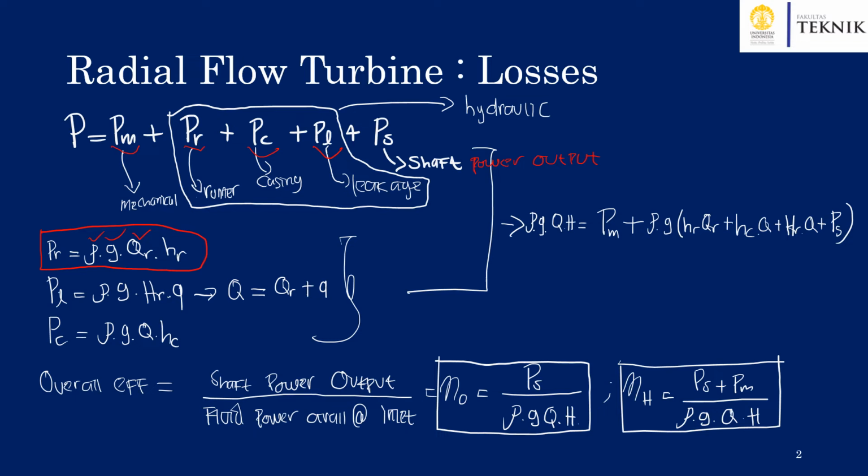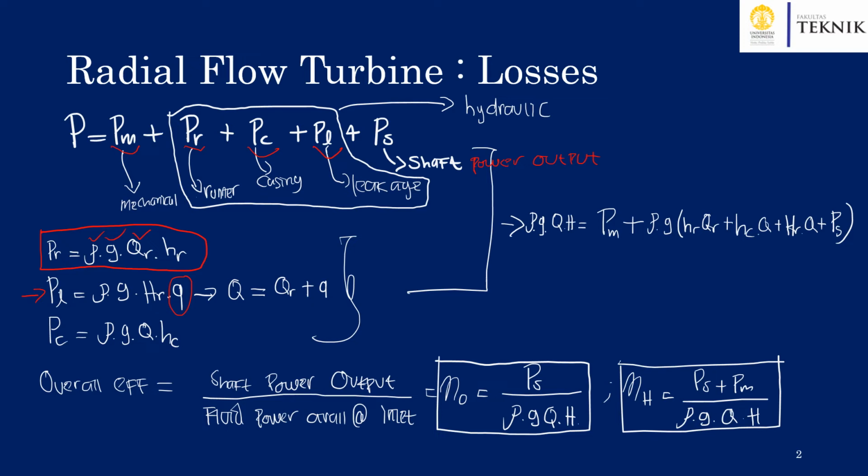The second term of the radial flow turbine losses is the leakage power loss or leakage head loss. That is mainly due to the small q here that we can define as the leaking flow rate that passes the runner.